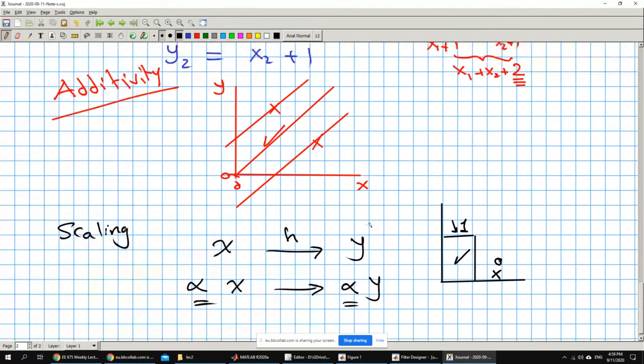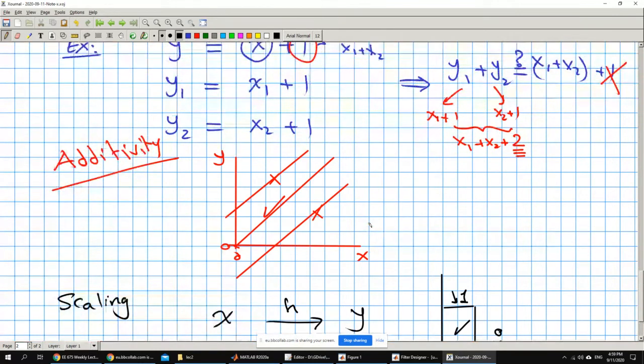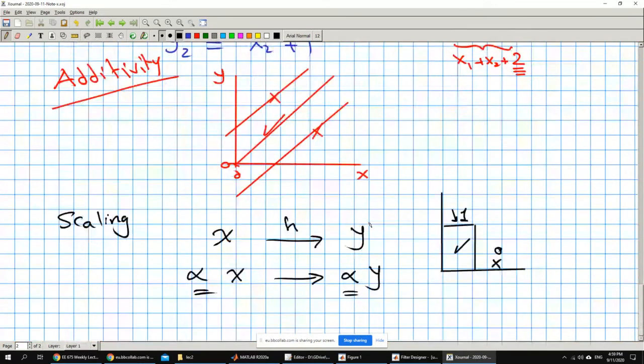So if we consider the same system we were talking about above, just to check if it's linear or not: if I have the system Y equal to X plus 1, just insert here alpha X. So Y is equal to alpha X plus 1. Can you put brackets here so that it becomes alpha Y?